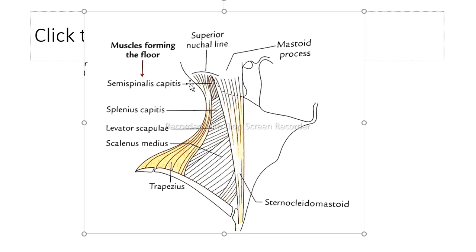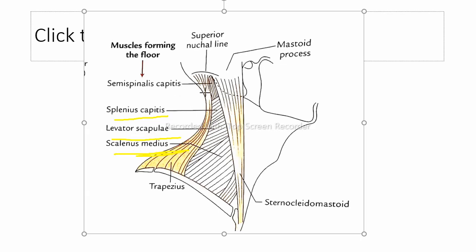Here is the posterior part of the skull, the occipital part, where there is the superior nuchal line, where there is the attachment of the trapezius and sternocleidomastoid muscle. So from above to downward, the main muscles that form the floor of the posterior triangle are the splenius capitis muscle, levator scapulae muscle and scalenus medius muscle.